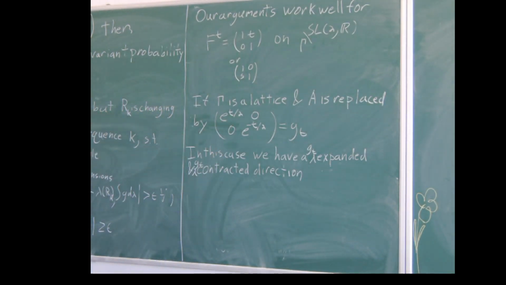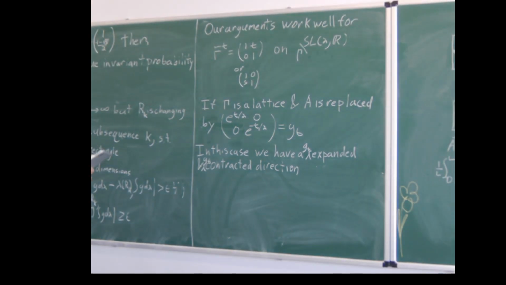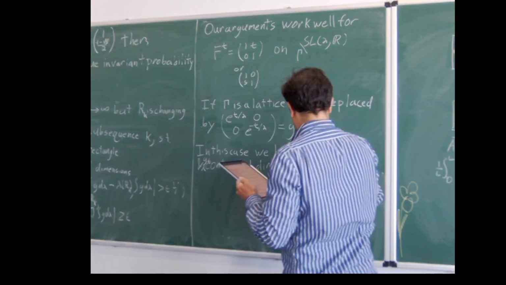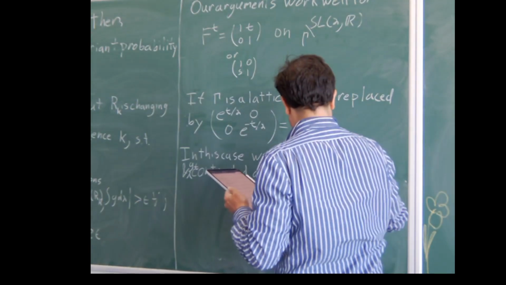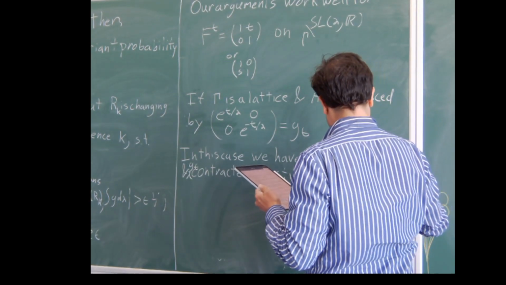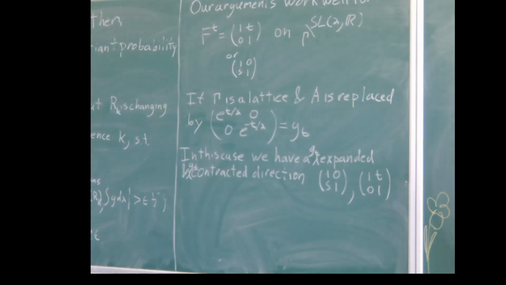So g_t expands a direction and contracts a direction, meaning it preserves that direction and contracts the orbits along it in one of them and expands them in the other direction. And these are these two directions. Because of the way you're acting, this guy's the expanded guy and this guy's the contracted guy. If you acted on the other side, it would be the other way around. Everyone happy about this?